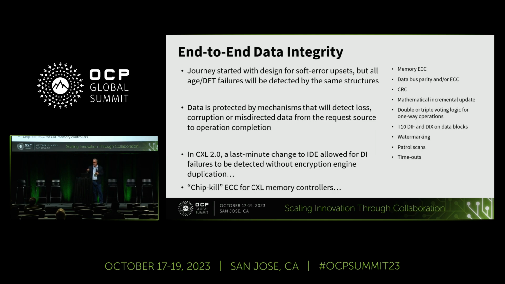We start with the soft error events, but we find that the same mechanism for protecting our data paths actually protects against these manufacturing faults. Even though you have the best process of testing and system-level testing, you have this non-zero manufacturing defect, and normally it's DI, the parity, the soft error event protection, that comes in and actually saves you.